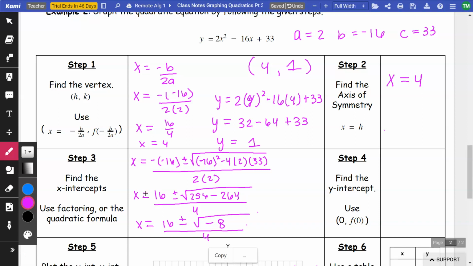Well, hey, check it out. We have a negative under a radical. If there's a negative under a square root, what type of solution are we going to have here? Won't they be imaginary? So we have imaginary zeros. So is this parabola actually going to hit the x-axis? No. So we have no real x-intercepts.